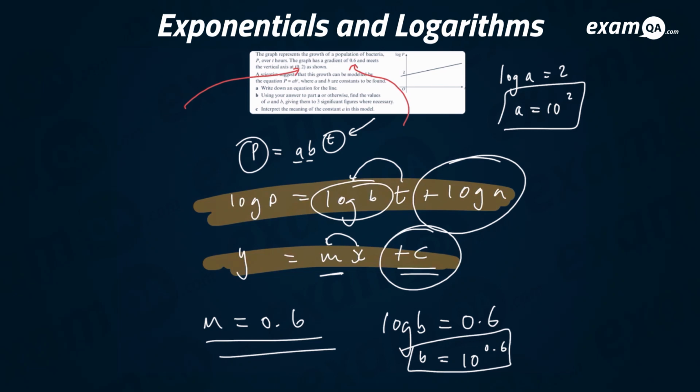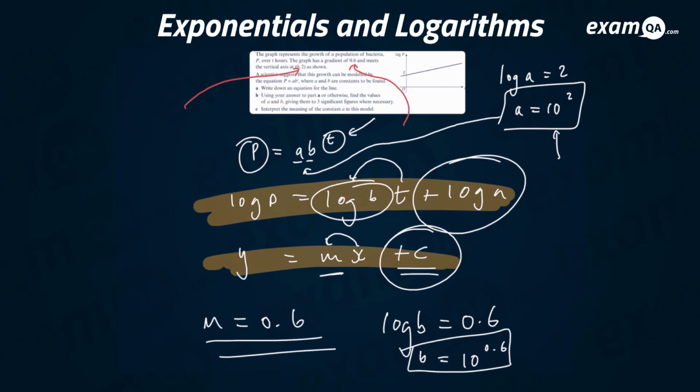Part C: interpret the meaning of the constant a in this model. We worked out what a is, and you have to relate it back to the model. It was this p equals ab to the power of t, right?